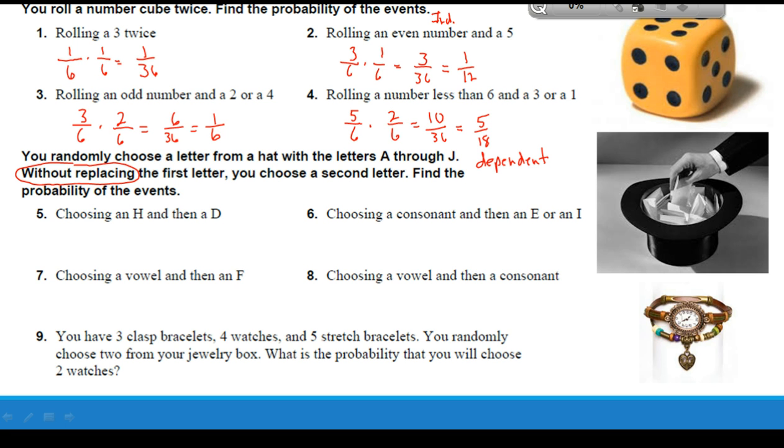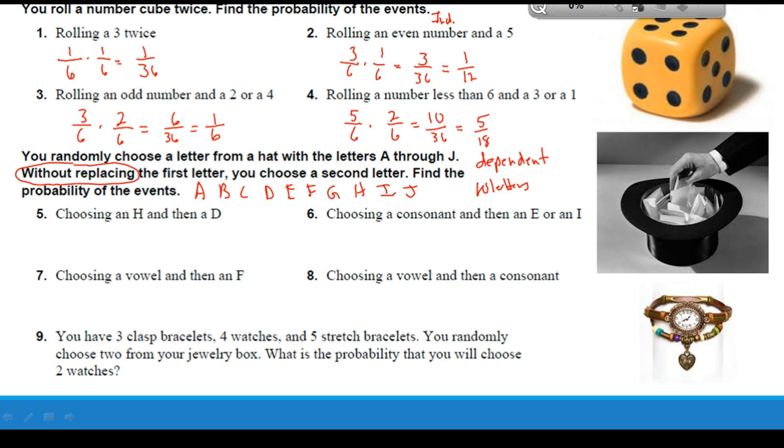Okay, and then I think that to do this, it's best if we write the letters down. So they're A through J. So A, B, C, D, E, F, G, H, I, J. So it looks like there's 10 letters.